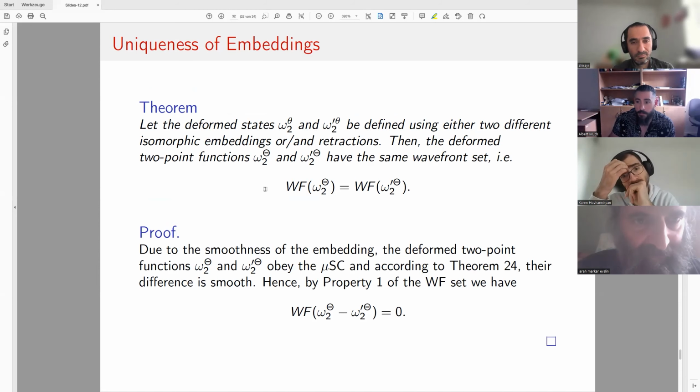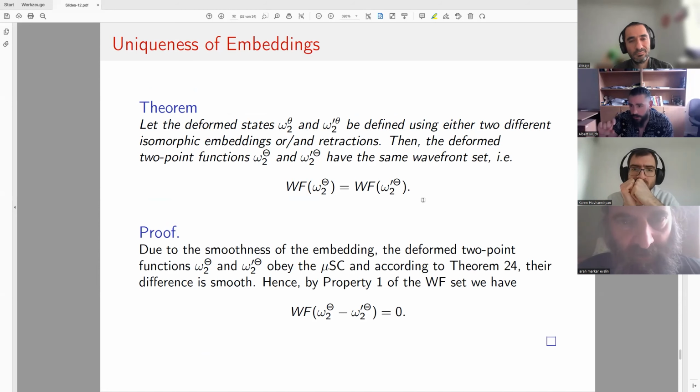And the deformed 2-point functions, omega-2 and omega-2 prime, have the same wavefront set. So basically what I'm saying is that the singularity structures of those 2-point functions are independent of the chosen embedding and retraction. Explicitly they do depend on it, but for the important step here, they don't.